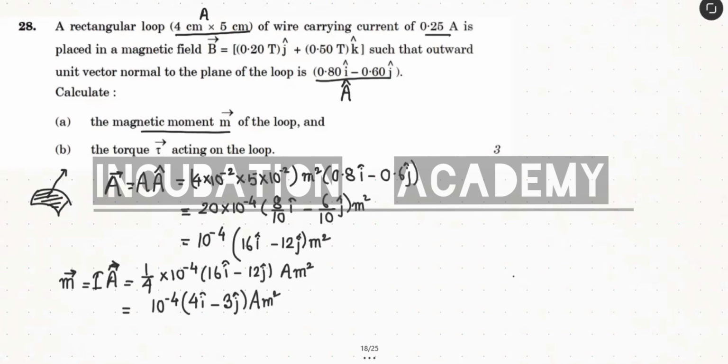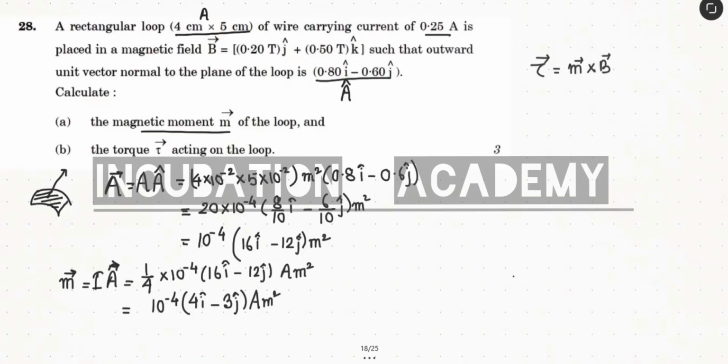Now the next part: what is the torque acting on the loop. The torque, denoted by tau, can be written as m vector cross b vector.